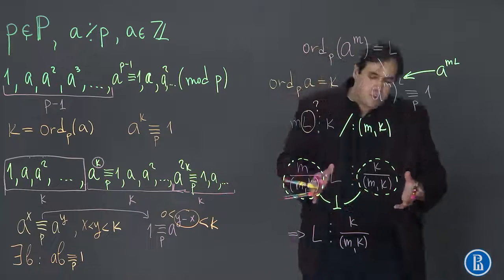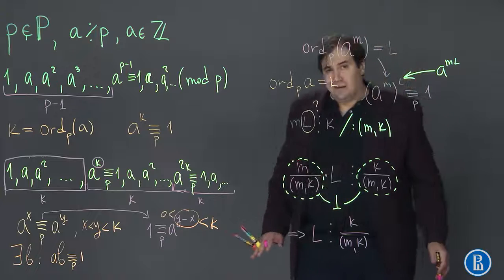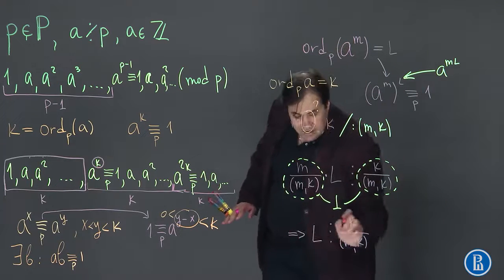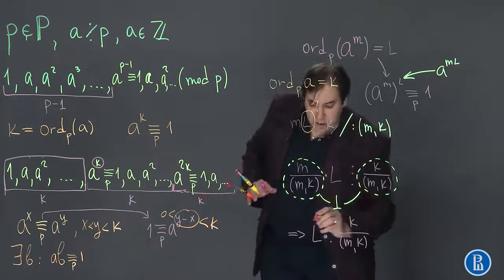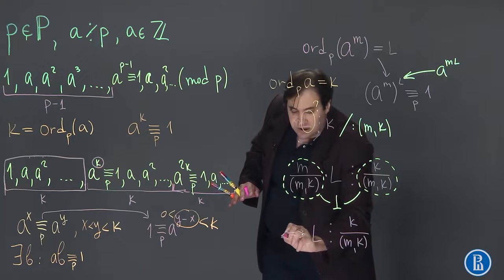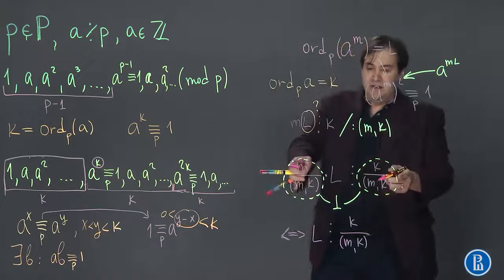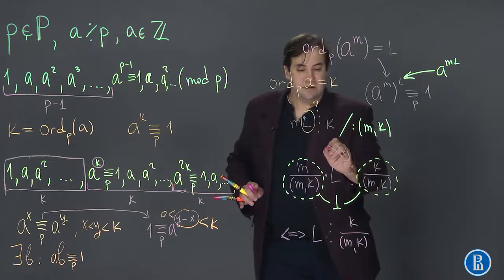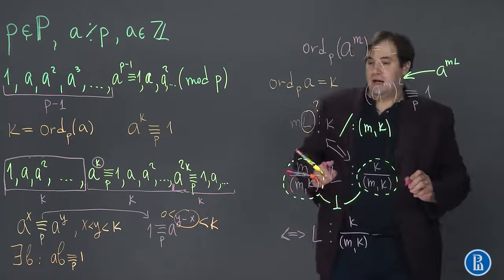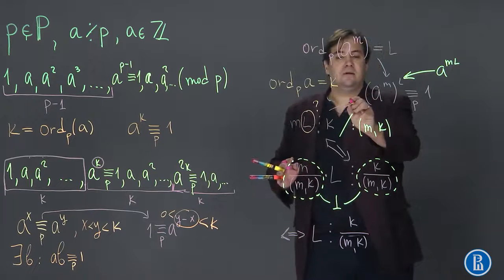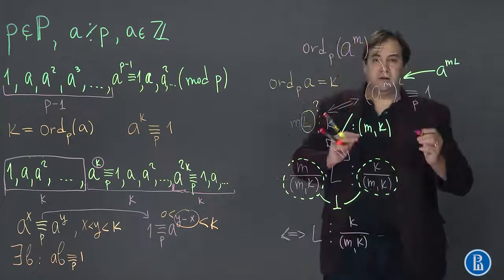Okay, so now we have some information about L, but this conclusion is actually equivalent to the previous condition, and this is, of course, equivalent to the previous condition, and this is equivalent to the main condition.